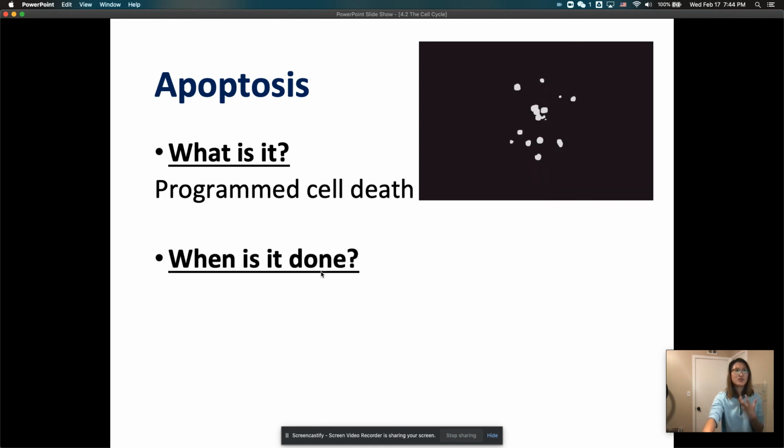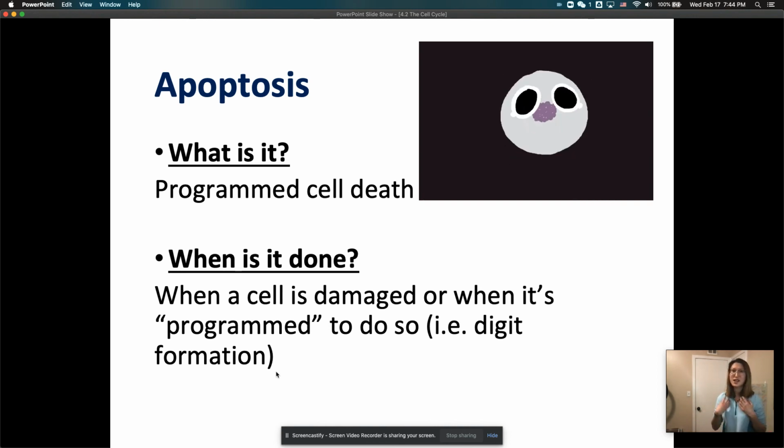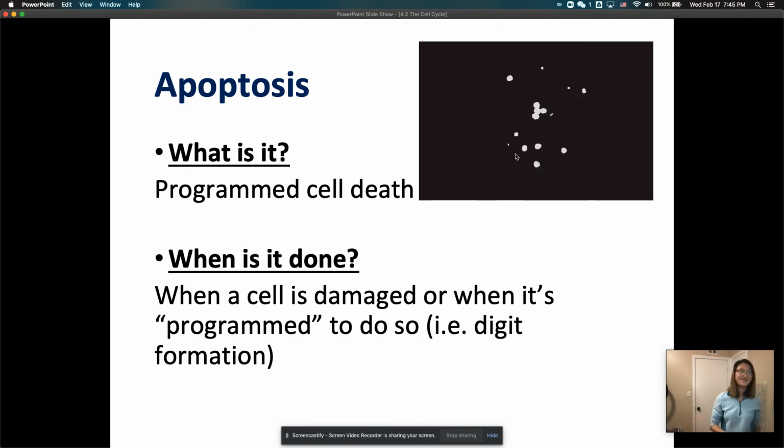A cell is programmed to die either as a part of the natural development of the organism, or if a cell is damaged, or let's say that you got a foreign invader cell in your body, a bacteria, a certain fungi, then your immune cells can tag those cells for apoptosis as well to get rid of it. So the cell kind of breaks into pieces.